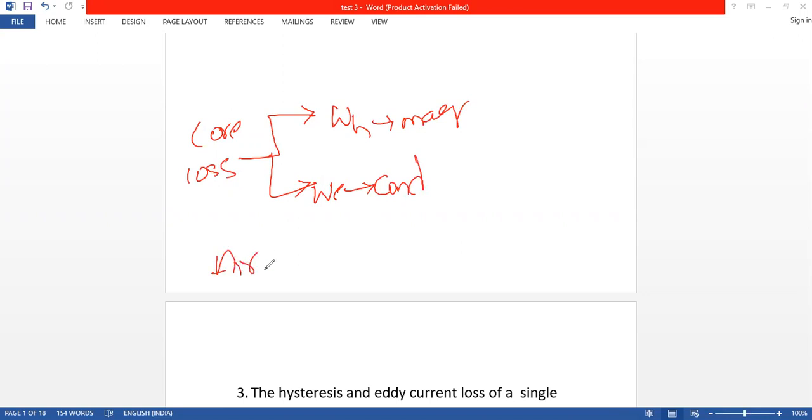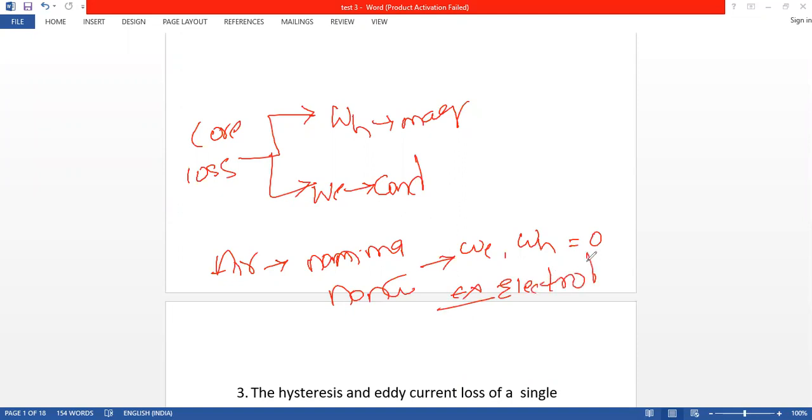Suppose air is non-magnetic, non-conducting. So eddy and hysteresis loss is zero. This is a previous year's question: which of the measuring instruments will have zero eddy current and hysteresis losses? Answer is electrodynamometer type wattmeter, because it has an air core coil.